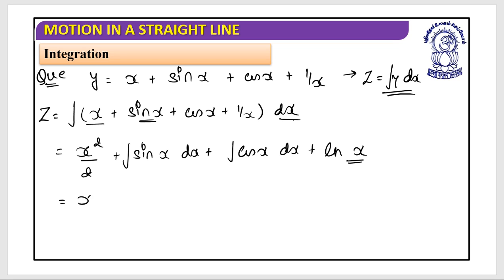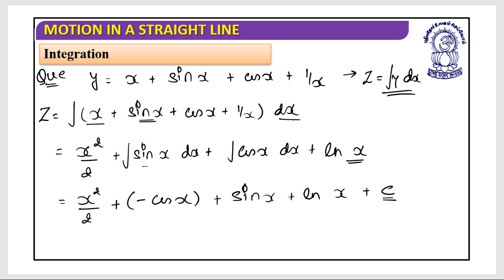So now it's x square by 2 plus integration of sin x. Is it plus cos or minus cos? Yes, it is minus cos x, plus integration of cos x, which is sin x, plus ln x plus c. Yes, c is a constant, that you know. This should be the answer.